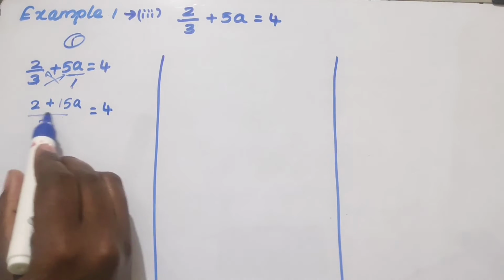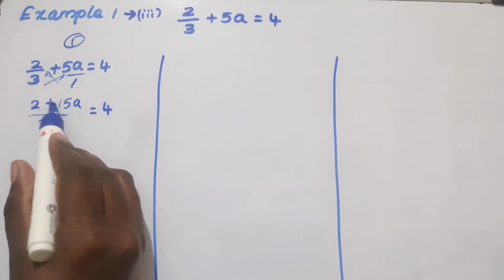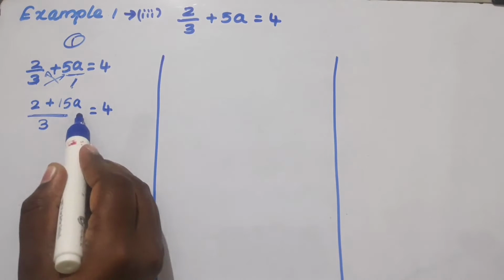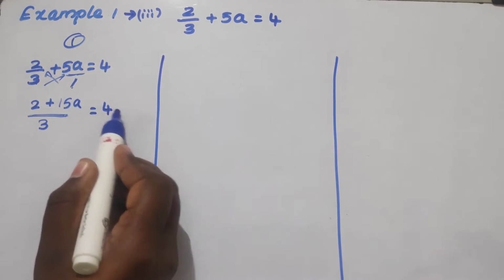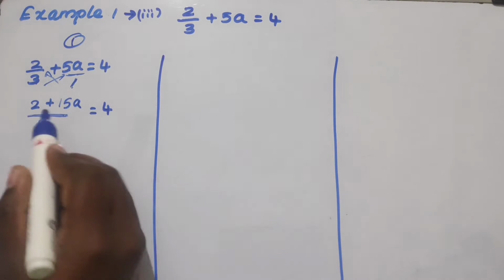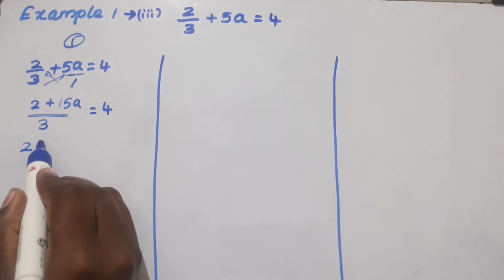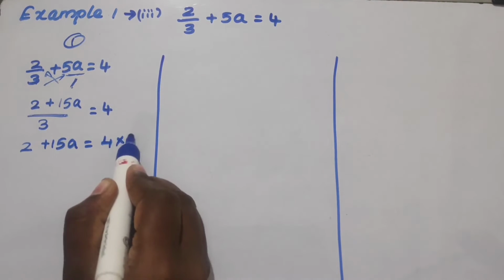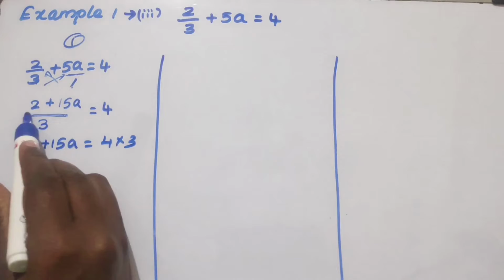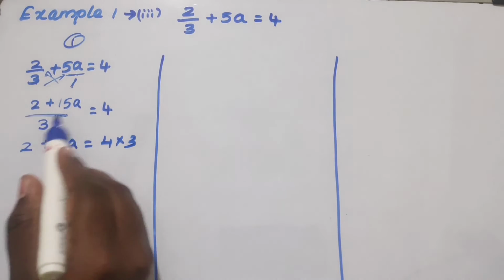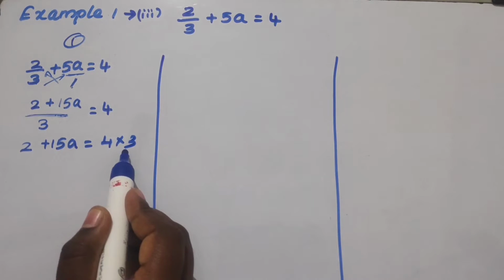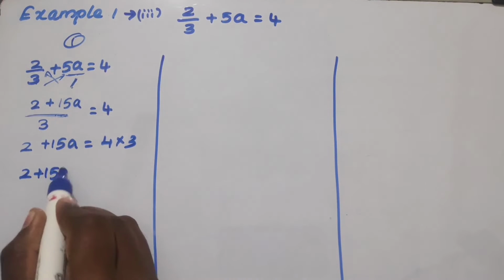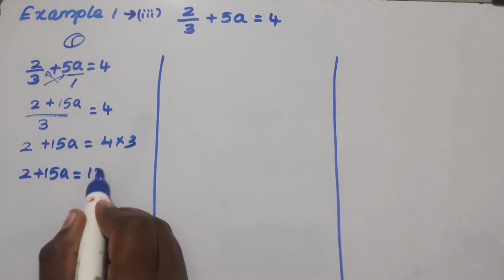Now you see that it is 2 plus 15a by 3. Here it is in divide. If this number goes to the equal to side, it will become multiplication. Therefore, the next line is 2 plus 15a equal to 4 into 3, that is 2 plus 15a equal to 4 3s are 12.